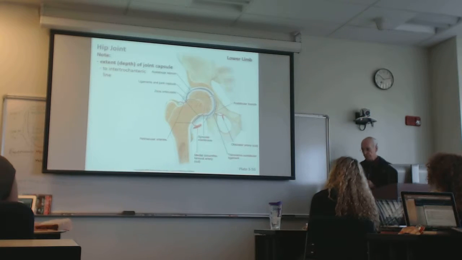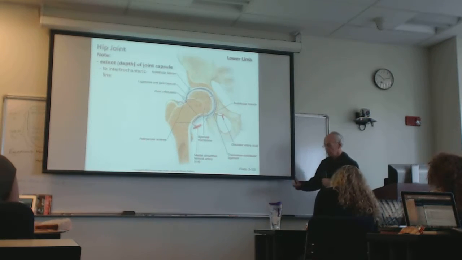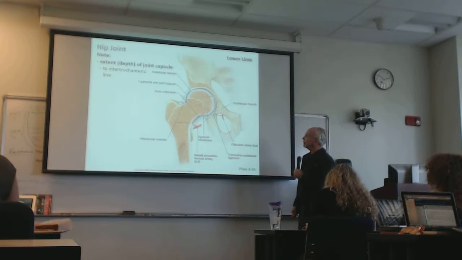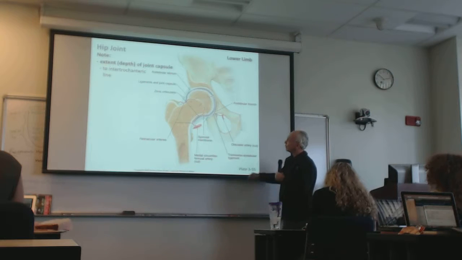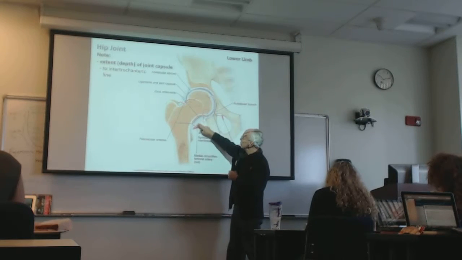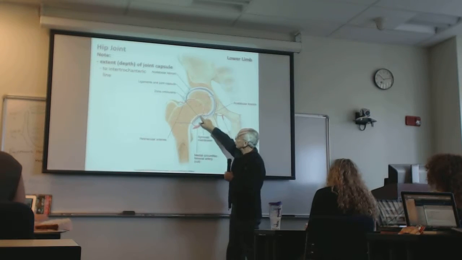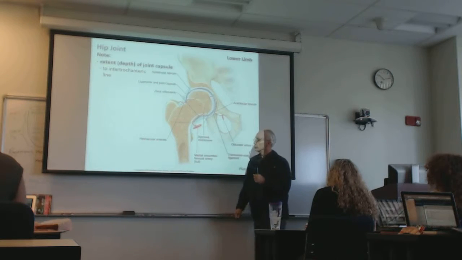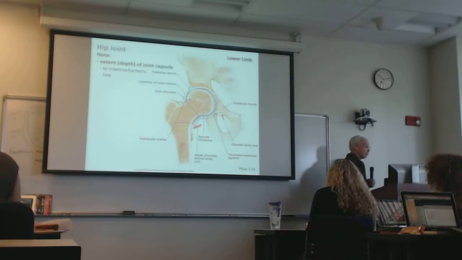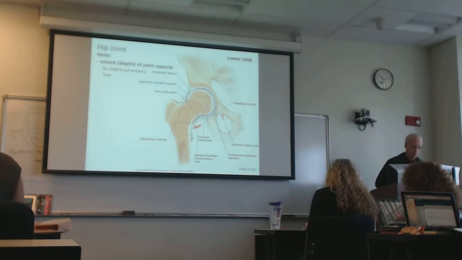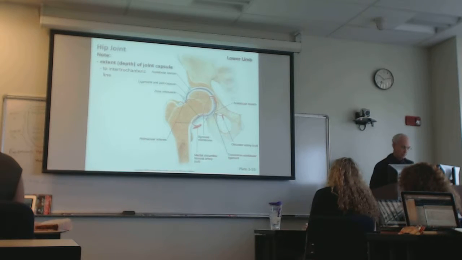So for most of the joints, including even the knee and the joints of the upper limb, we're going to see the external capsule and the internal capsule. Of course, that internal capsule consists of a synovial membrane and synovial fluid that acts as a lubricant for the joint. And you can also see in the illustration our ligament of the head of the femur there.